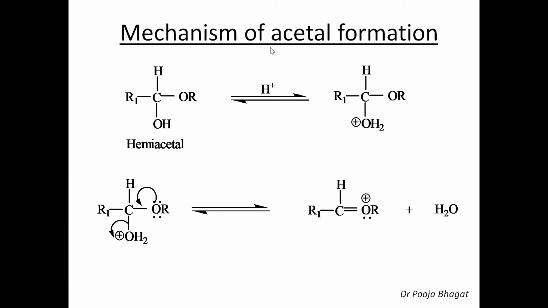Since oxygen being electronegative cannot have the positive charge, what will happen? The lone pair of electrons on oxygen of OR will be shifting towards in between the carbon and oxygen, and this bond moves towards oxygen. So this part goes out as a water molecule. Here you will have a double bond, and this oxygen will have positive charge, and water gets eliminated.